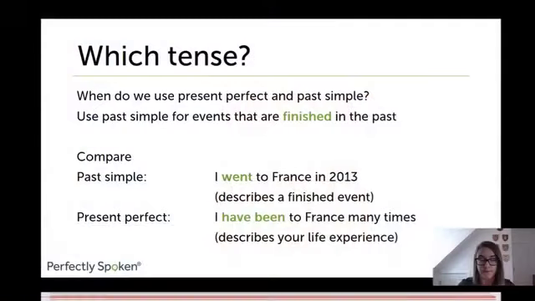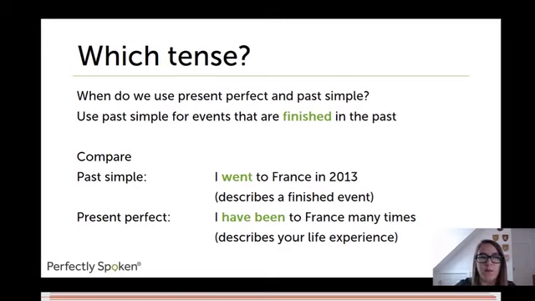Okay, how are we doing? So let's think about the past simple, because this is a tense that you use and that you're aware of. What's the difference between present perfect and past simple? Let's have a look. So when do we use present perfect and when do we use past simple? Past simple is used for events that are completely finished in the past. So I've given you two examples here because I think it's easier for you to see.